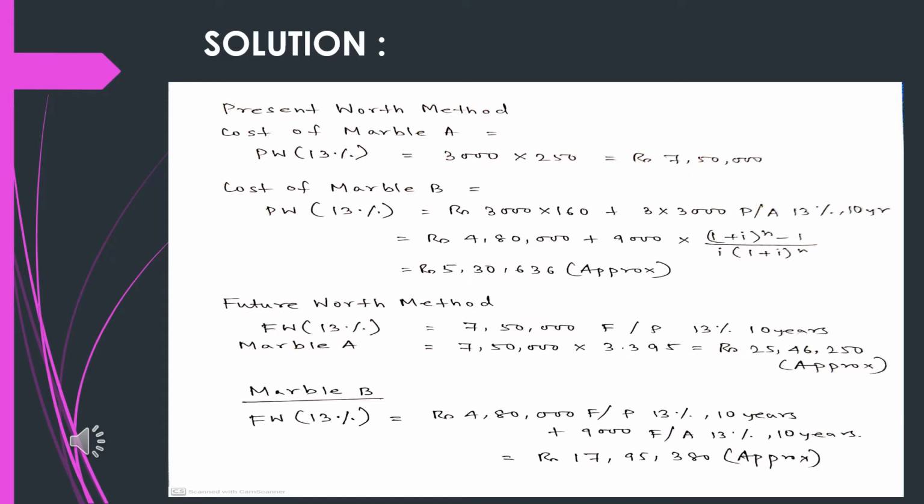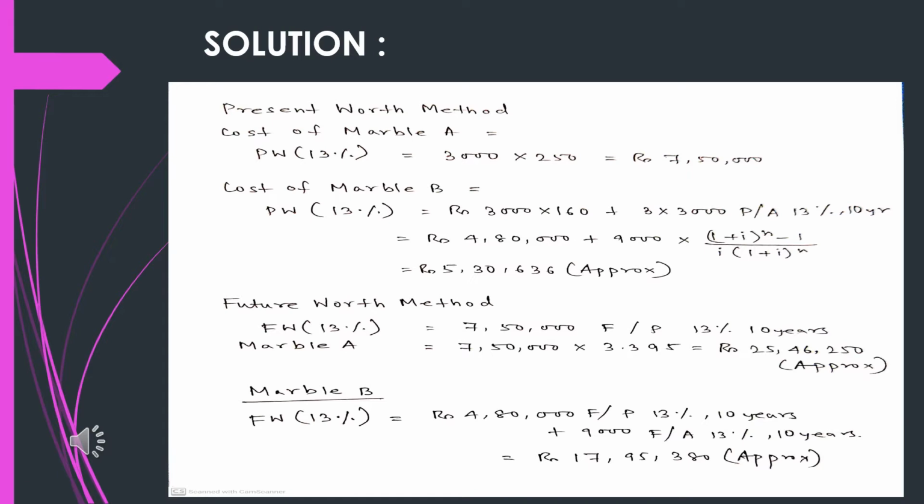Marble B has a laying charge of 40 and a product price of 120. Adding those two up, we get 160, and 160 into the total area gives us the present worth value of marble B.